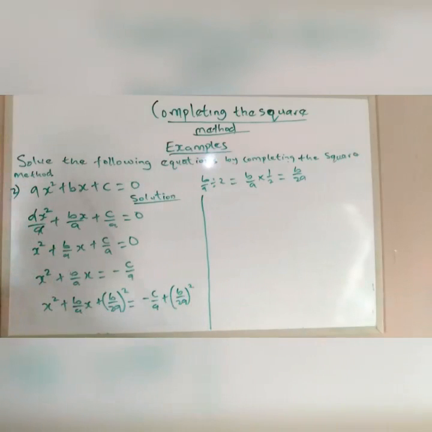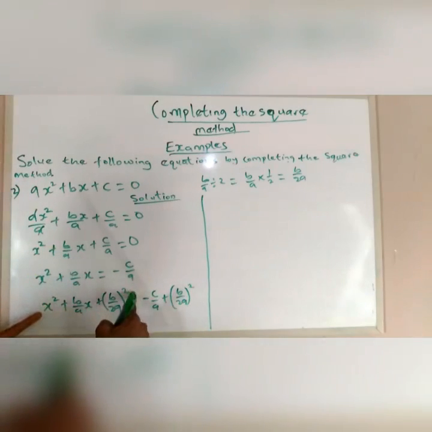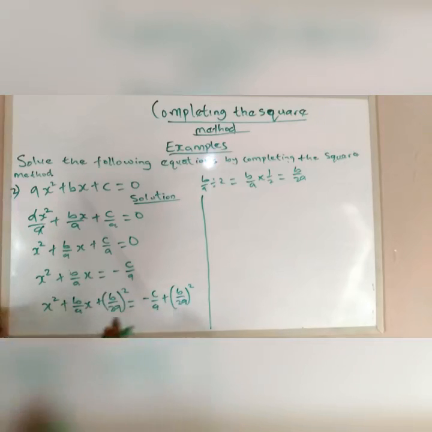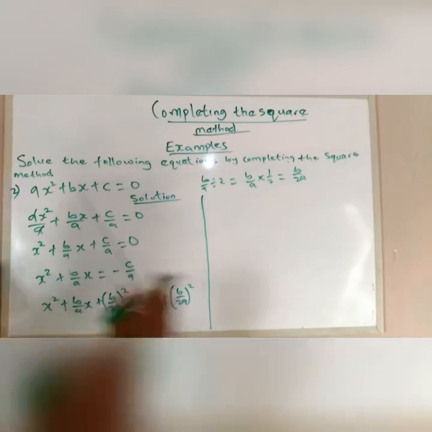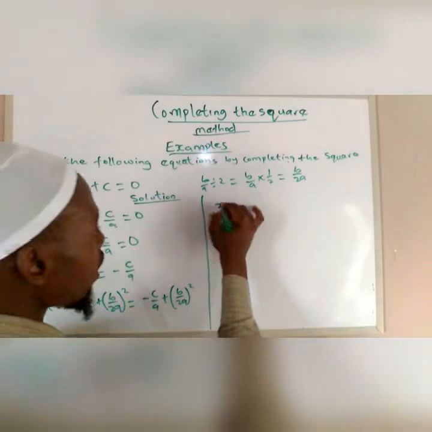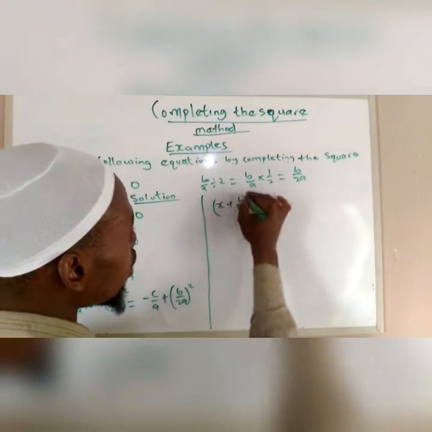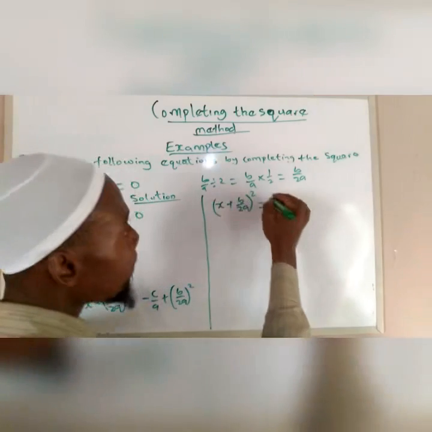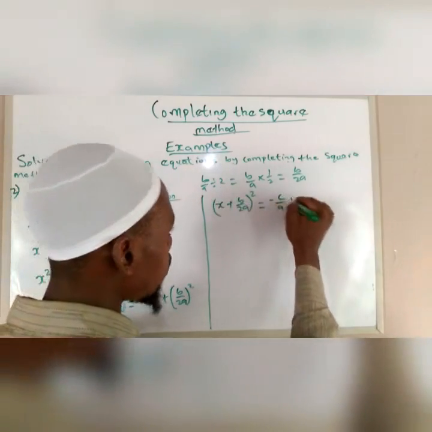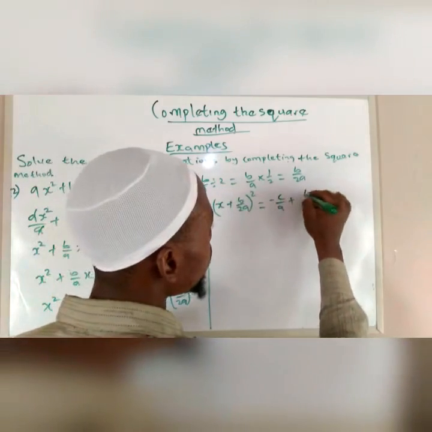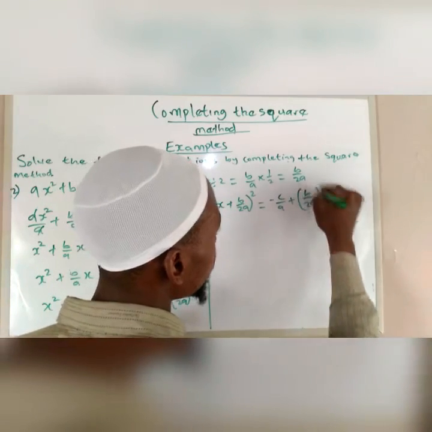So now, these are the two terms in squares. So you add the two terms together, then you square everything. So we have x plus b over 2a all squared to be equal to minus c over a plus b over 2a all squared.